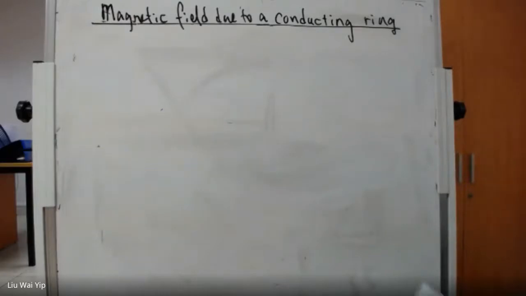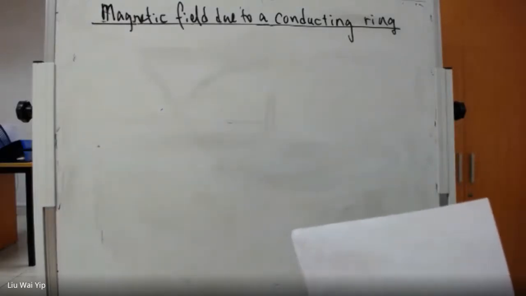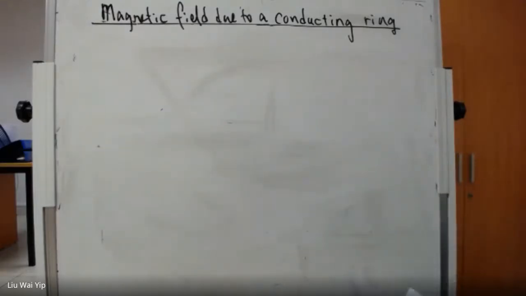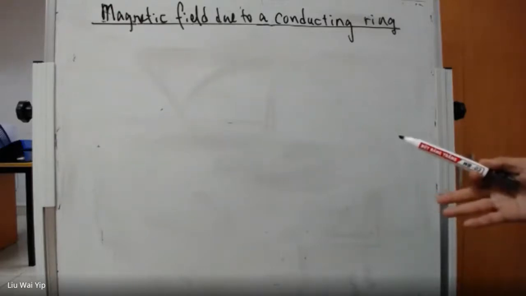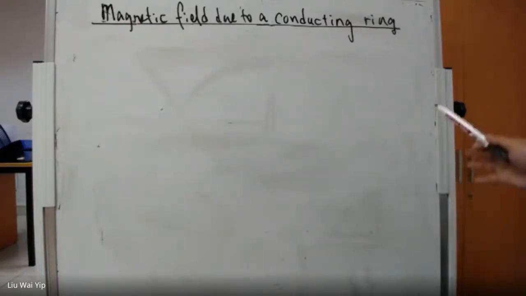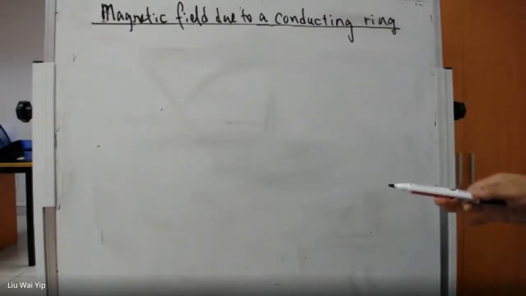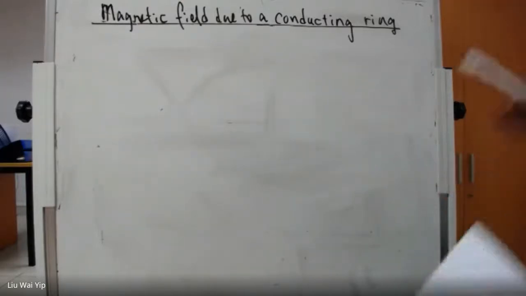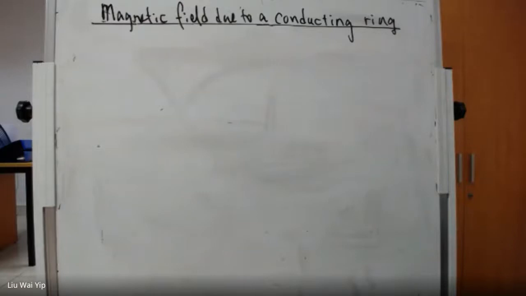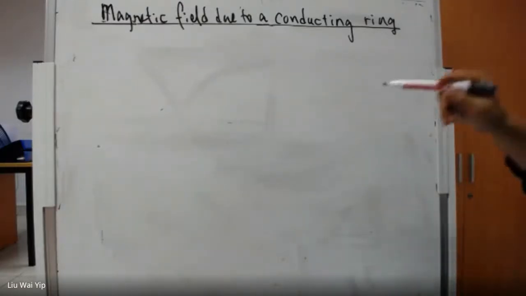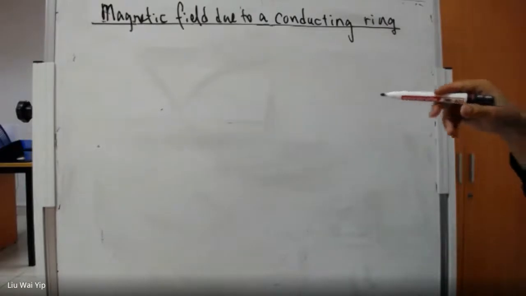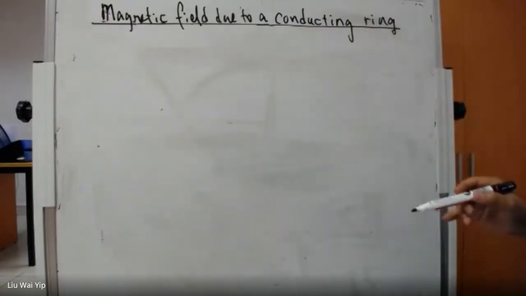If my memory serves me well, we did something similar when we went over Ampere's law. So today we are going to use a different approach. We are going to use the Biot-Savart law to work this out.